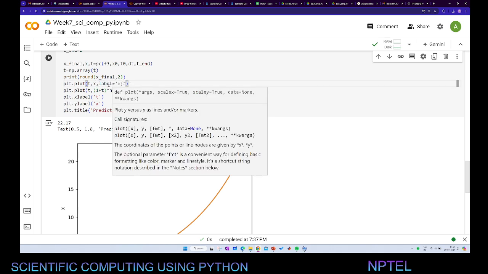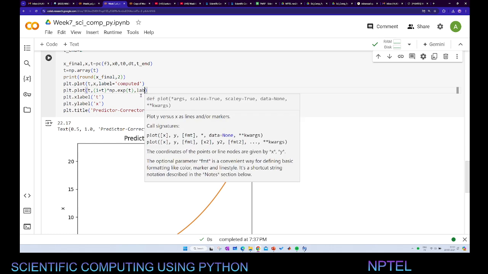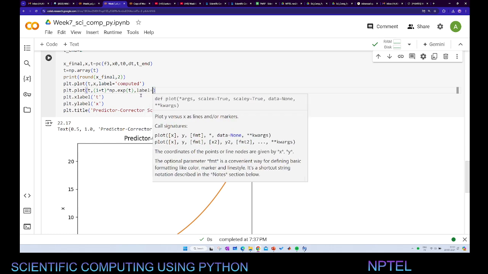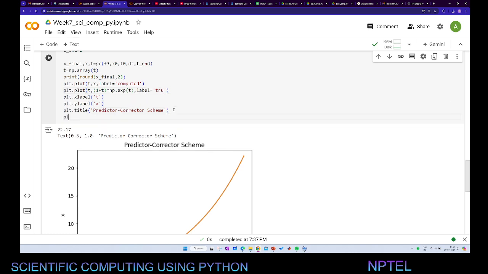So this is computed, and this one is true. plt dot legend.